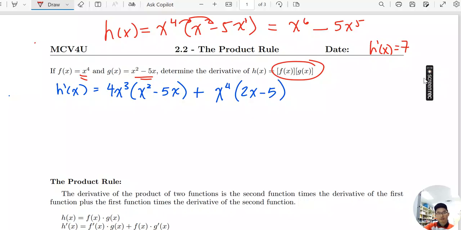I should get 7x^5 minus 25x^4. If you're not sure how I got that, review the last lesson, 2.1. Well, it's not 7, it's 6. So I should review the last lesson. 6x^5 minus 25x^4. Now the product rule states this.